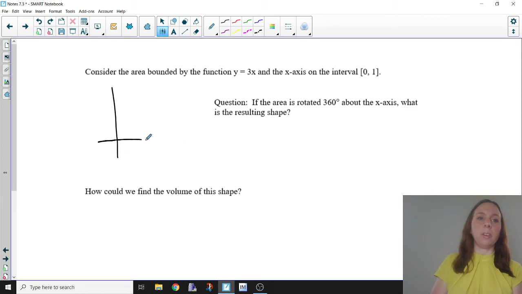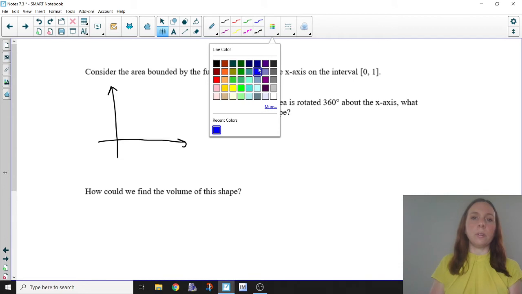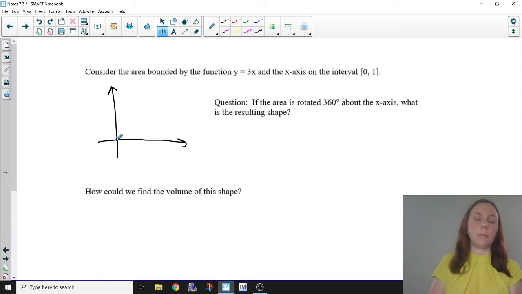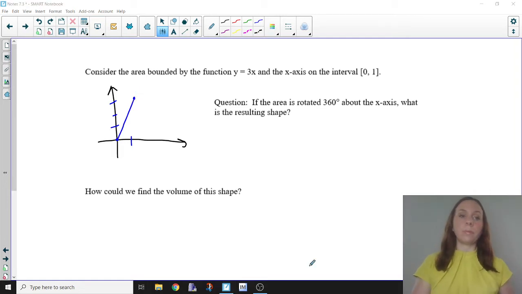I think at this point I would be good at drawing straight lines on here. y equals 3x on the interval from 0 to 1, so that's just like, let's do (0, 0) and (1, 3). Maybe we should spread that out a little bit more. (1, 3). Okay, so we're talking about this area.